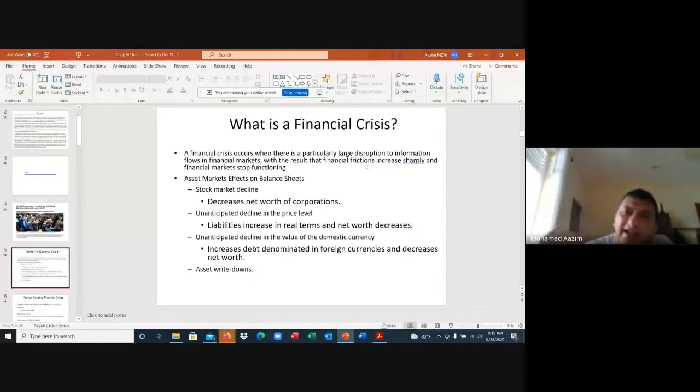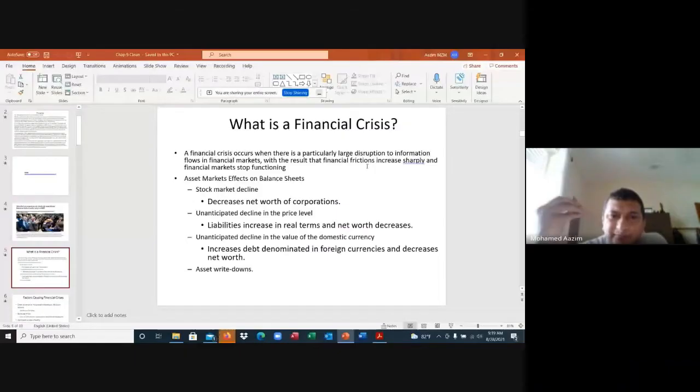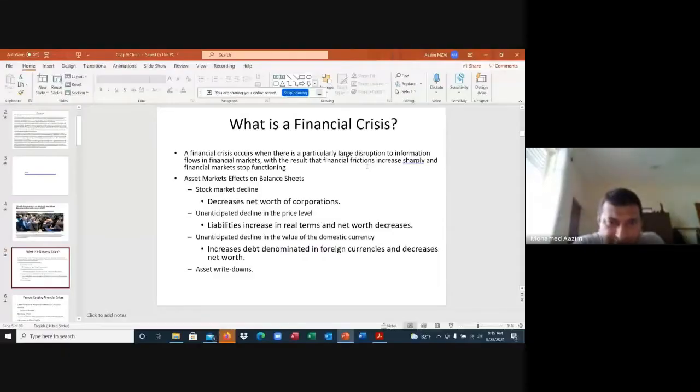So the financial markets are basically at a standstill. Okay. So this spillover immediately takes the form of effects on balance sheets. Immediately, asset markets affect balance sheets.